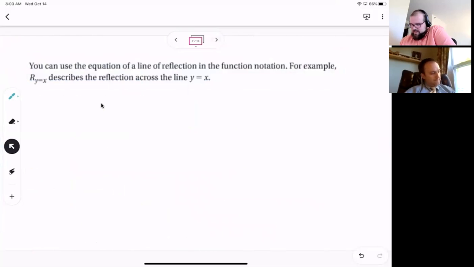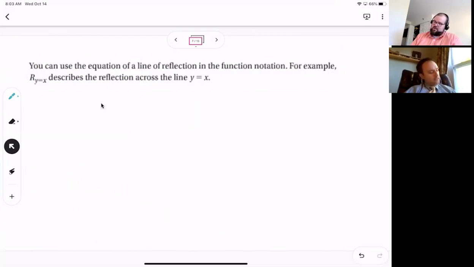All right, so you can use the equation of a line of reflection. This is that we're using our book's notation, even though we're not using our book very much, just in case you see it.